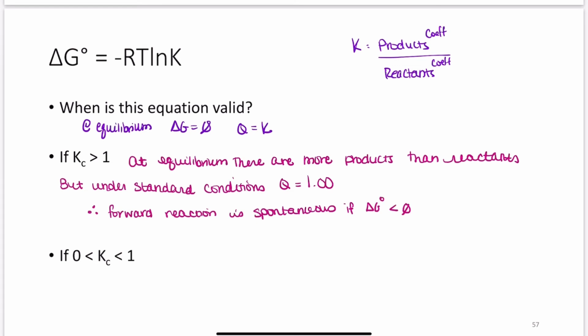And if 0 is less than Kc is less than 1, then we're, generally speaking, at equilibrium. It's not a guaranteed thing. Delta G does need to be equal to 0, but generally speaking, we're very close to the equilibrium at this point, roughly. But we can say for sure that there's more reactants than products.